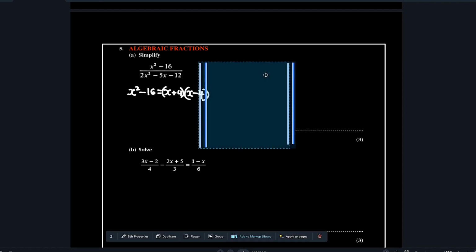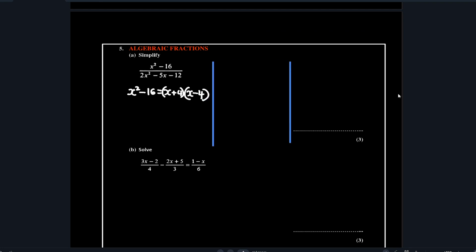So that we can move further and factorize the denominator now, which is 2x squared minus 5x minus 12. The product: the first term is 2 times -12, so the product is going to be -24. Don't forget that. The sum is going to be -5.